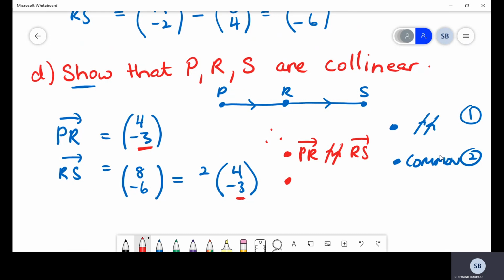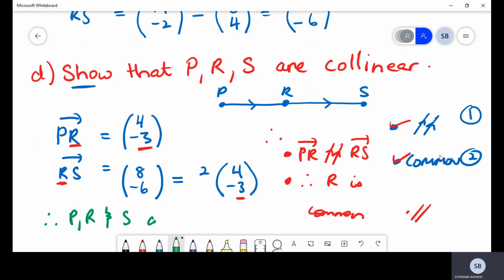PR and RS both contain the letter R. So therefore, R is common. Because our two conditions of collinearity have been met, we can say that the points P, R, and S are collinear. You can also include a statement: therefore, P, R, and S are collinear.